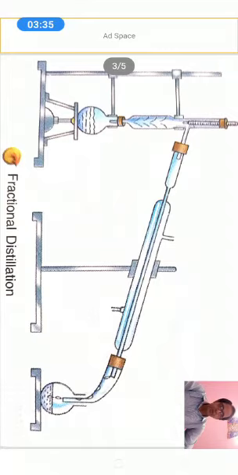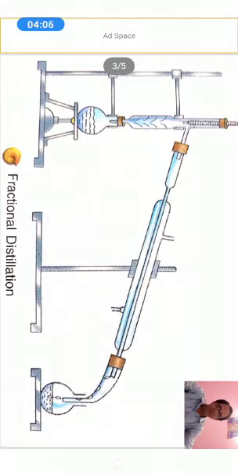Liquids which do not dissolve in each other are called immiscible liquids. Examples, oils are immiscible with water. These mixtures are heterogeneous liquid-liquid mixtures. Fractional distillation is used to separate components of a homogeneous liquid-liquid mixture.